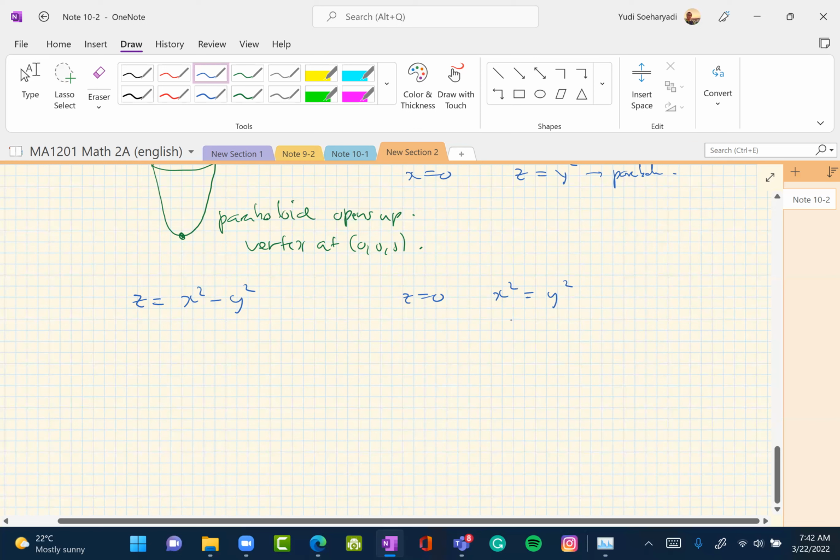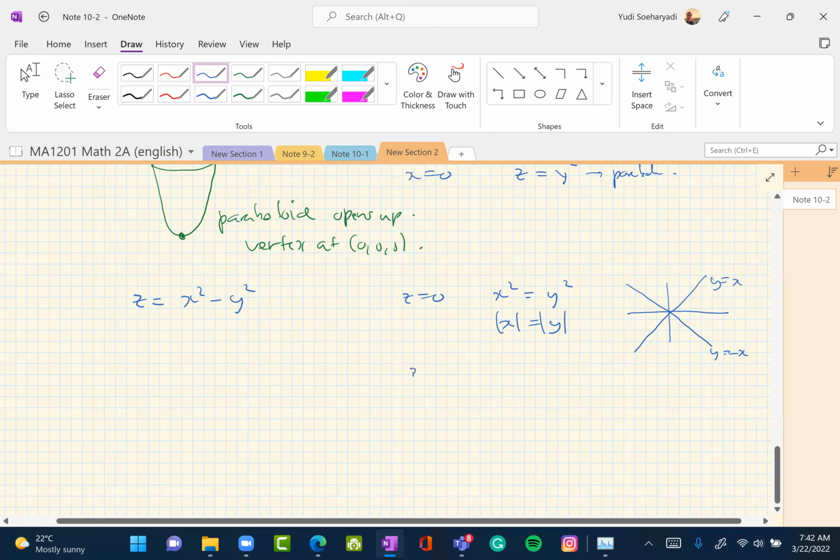If you solve that, okay, so you get this thing. There. So y equals x and y equals negative x.